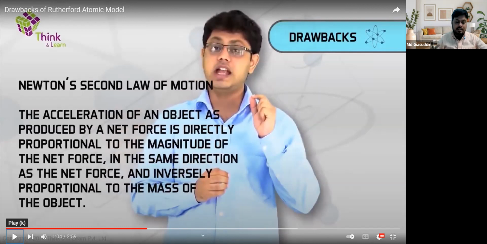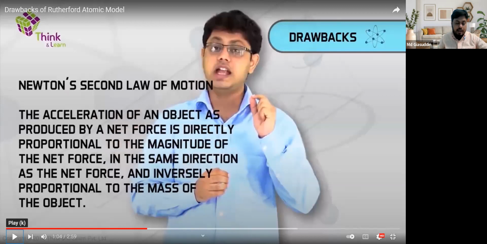Now if we apply this electromagnetic theory to Rutherford's model of an atom, it will mean that the negatively charged electron revolving around the nucleus with accelerated motion will lose its energy continuously by radiation. Thus, the energy of the revolving electron will decrease gradually and its speed will also go on decreasing.